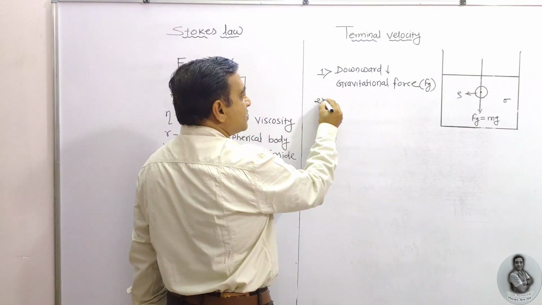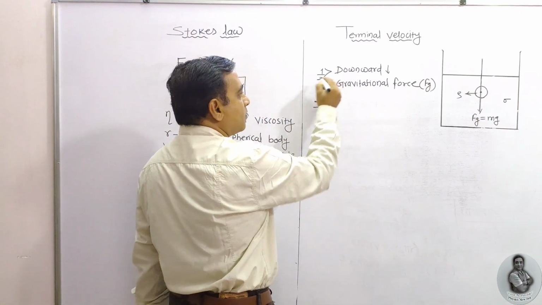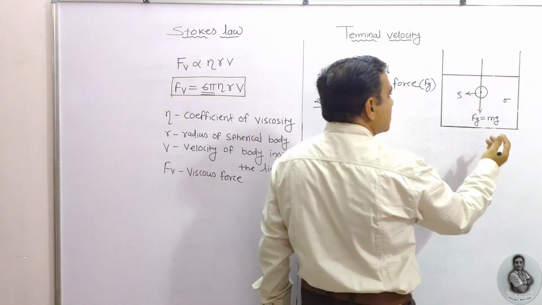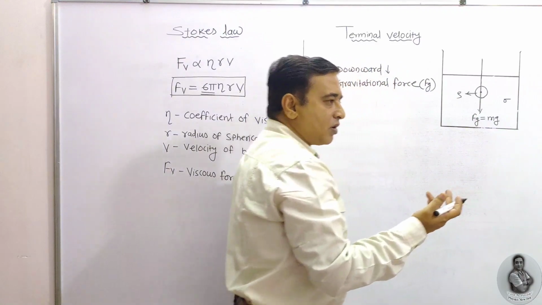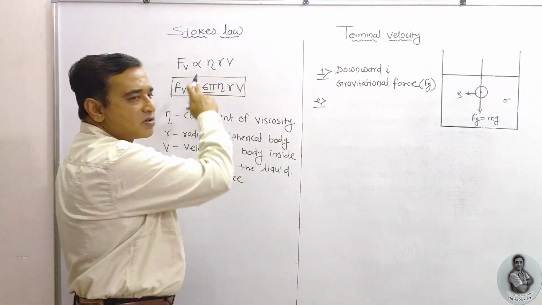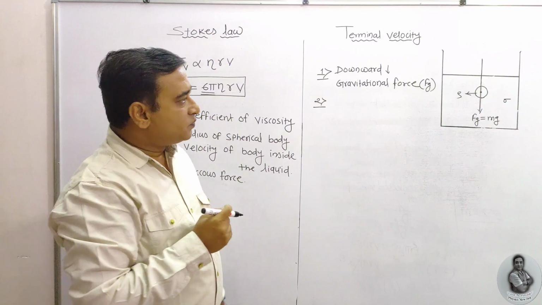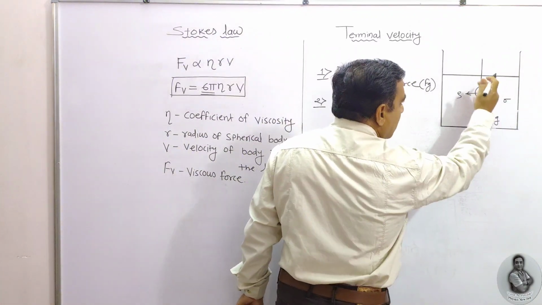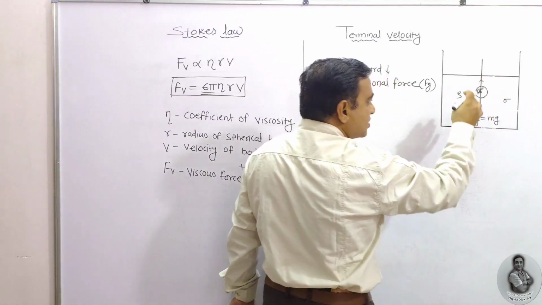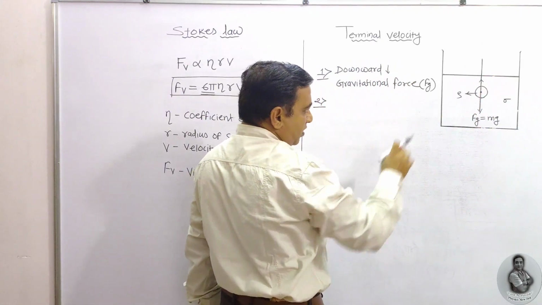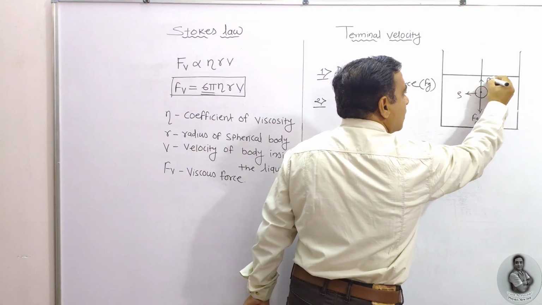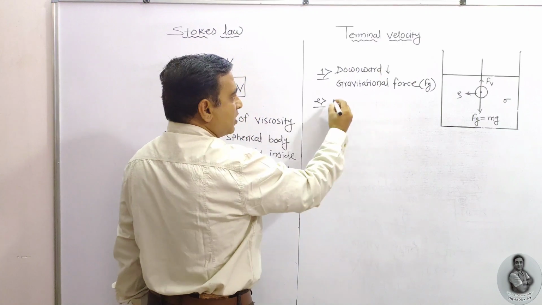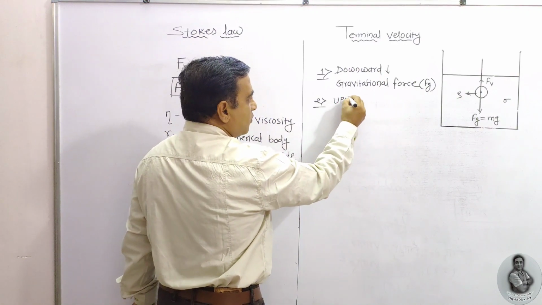And the second force is acting in the upward direction. Why? Because there is a sort of force, that is the viscous force. We know that viscous force depends upon the viscosity of the liquid, given by Stokes law. So it is the viscous force which acts in the upward direction and opposes the motion of the spherical body when it passes through the liquid. So Fv, the viscous force, is the upward force.